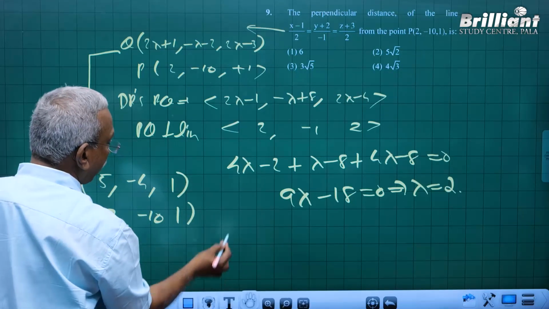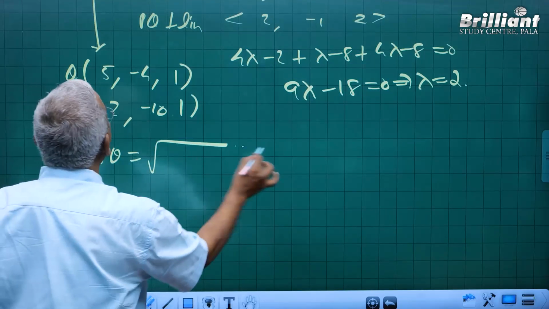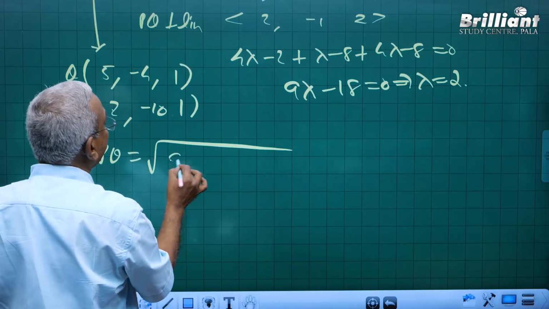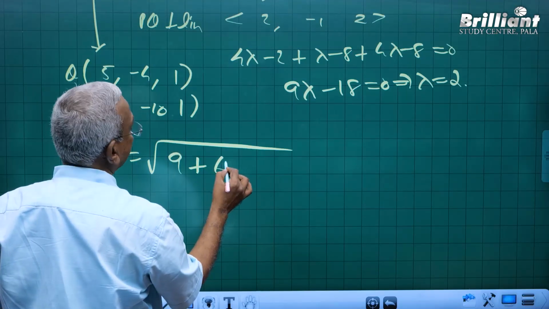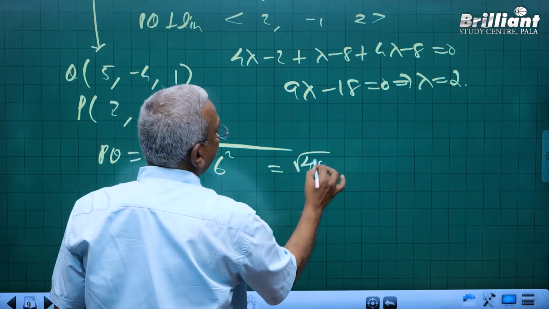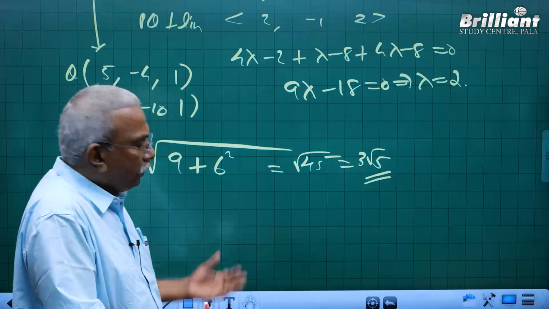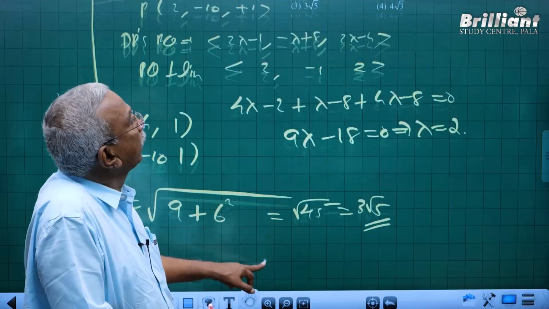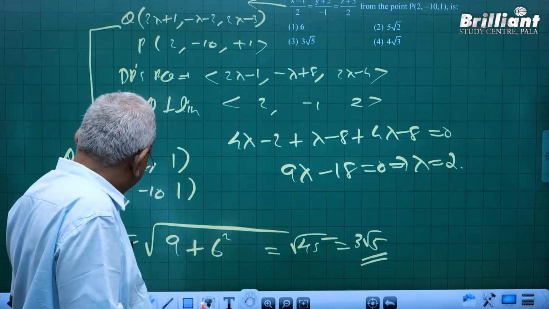So we can easily find the distance PQ. PQ is equal to root of (5 minus 2) square, 3 square, 9, plus 6 square. It is equal to root 45, which is equal to 3 root 5. So this is a simple way to find this one. Okay. So it is again a simple question. 3 root 5, option 3 is there.